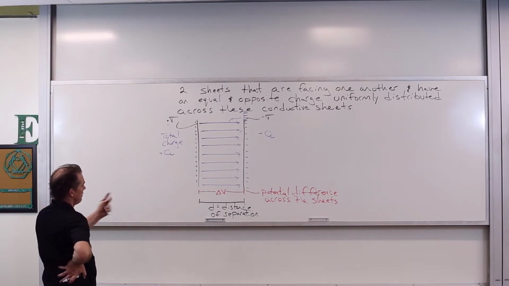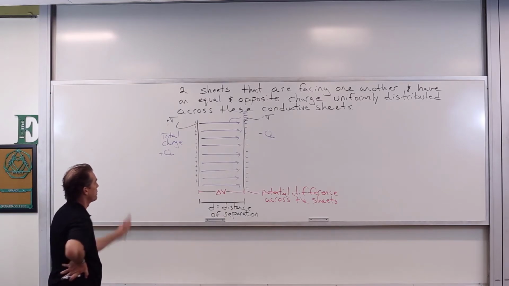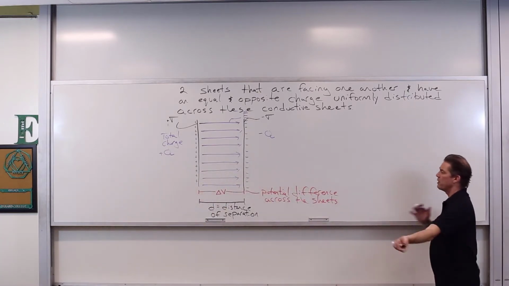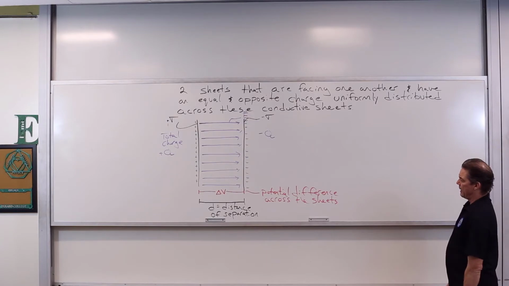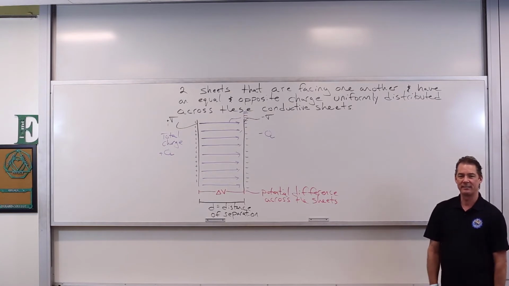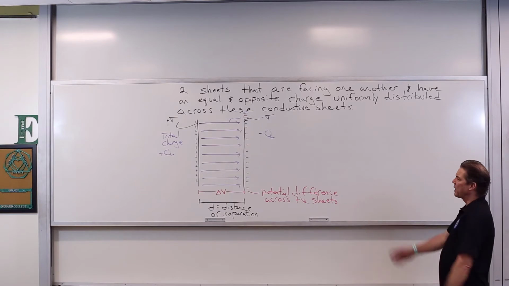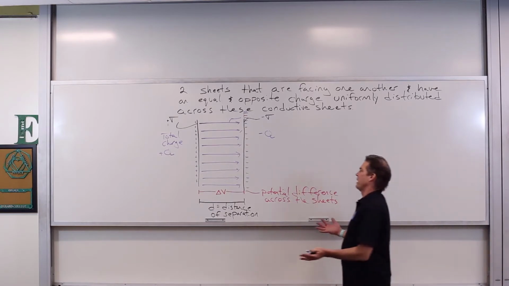Well, this is it. We've got some potential difference that correlates with the displacement within an electric field. We've got these charge accumulations on either side of the sheets, and we get that these sheets are separated by some distance. So what, you may say? I say, well, that's what we got. Is there something that we can kind of think about with this? The answer is, yeah, we can think about some stuff.